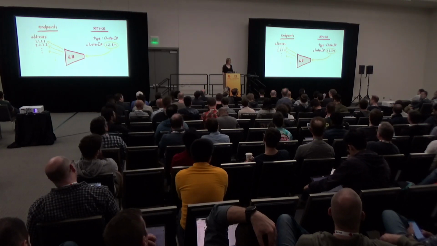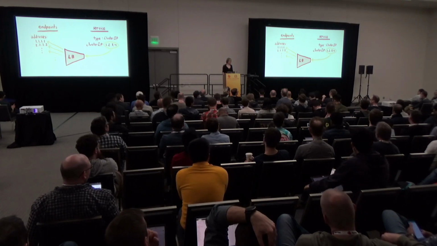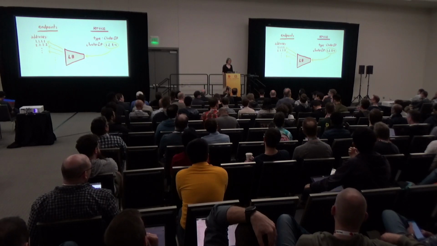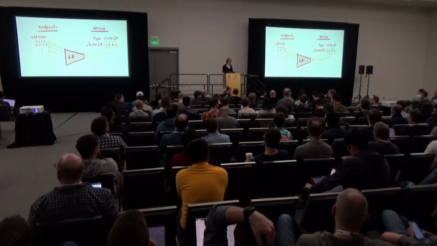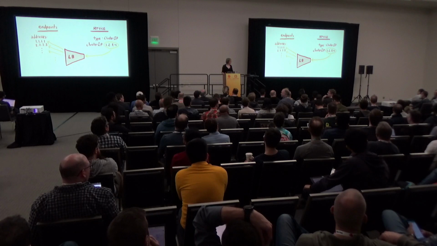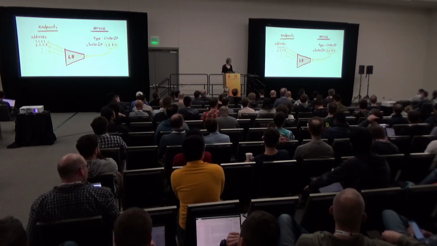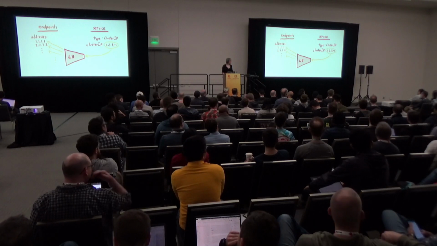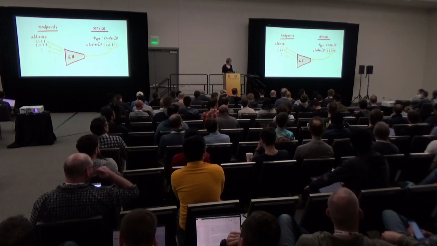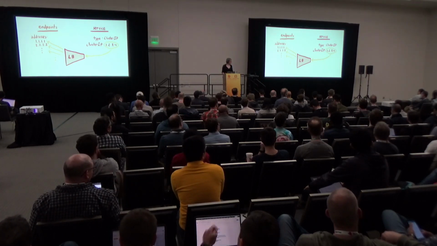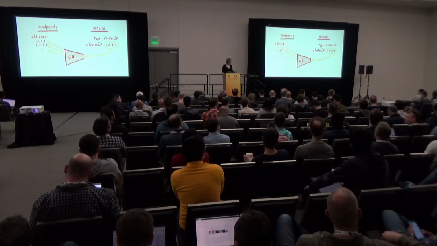I can take that one. So I think there are two questions here. There's one of stickiness. There is an option in service for stickiness that is based on the 5-tuple, right? So client IP, port, protocol to the server IP, port.